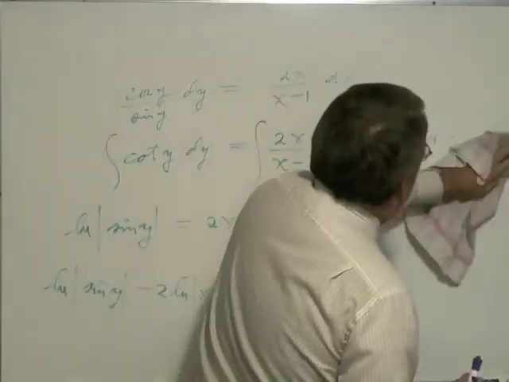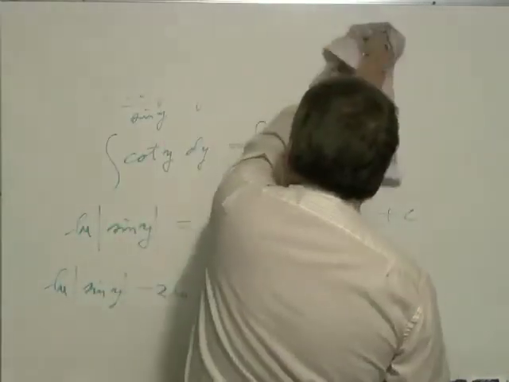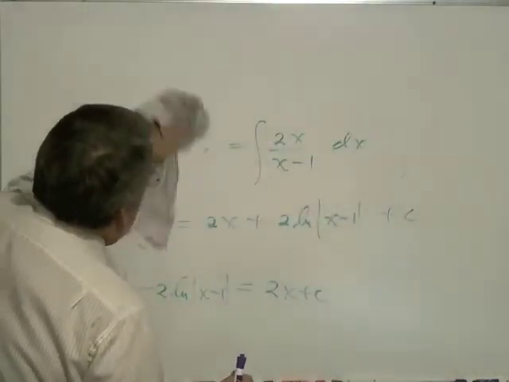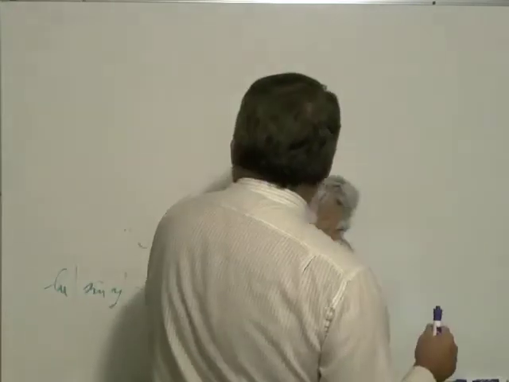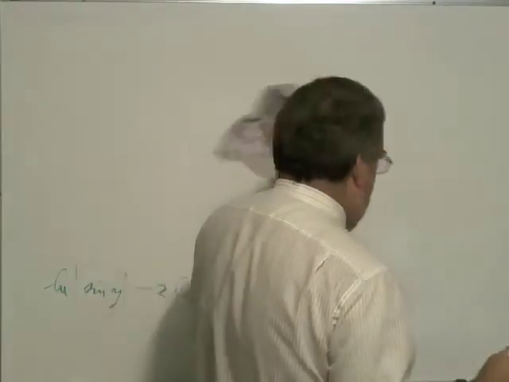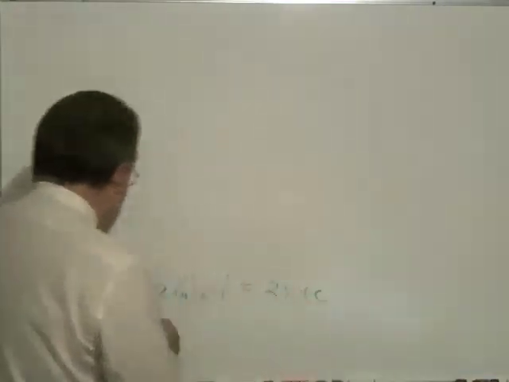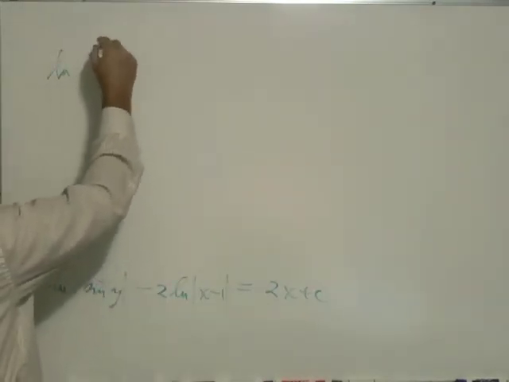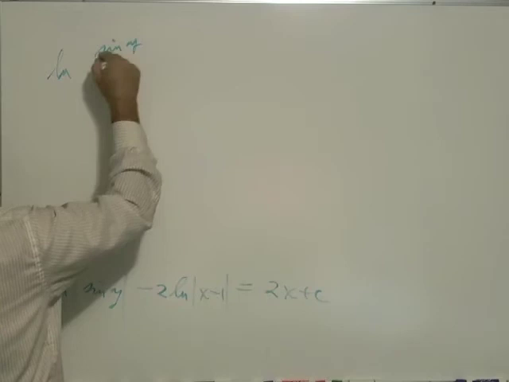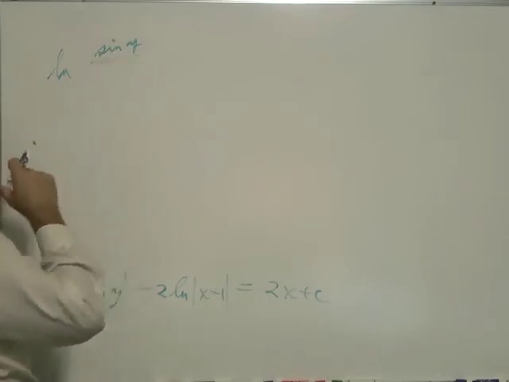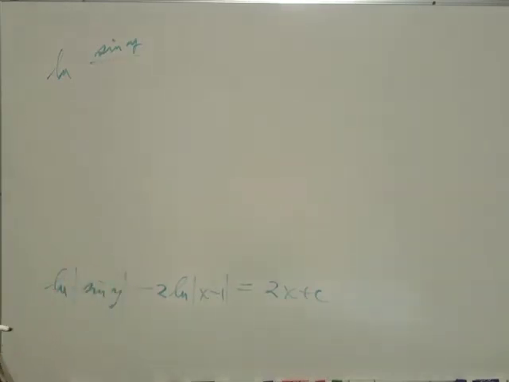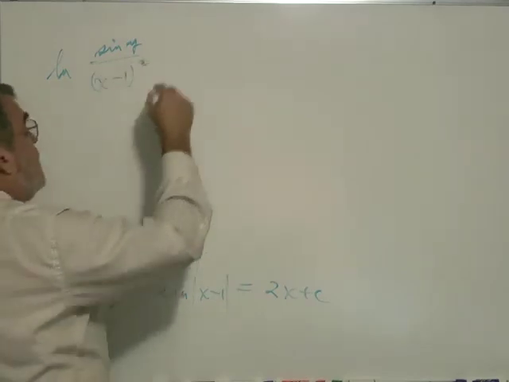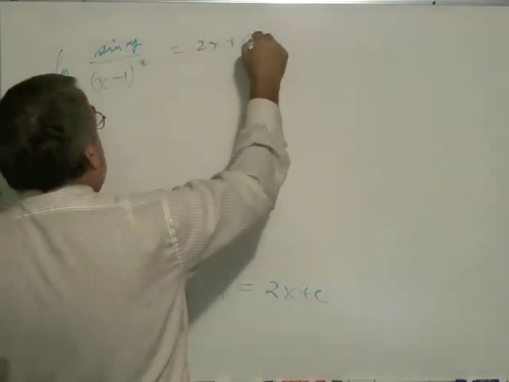When you subtract two logarithms, you can combine them into a single logarithm by division. So that gives me the opportunity to combine these together. This is the natural log of sine y divided by, well, what's it divided by? It's divided by x minus 1 squared equals 2x plus c.